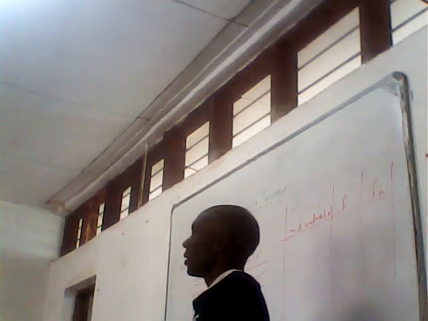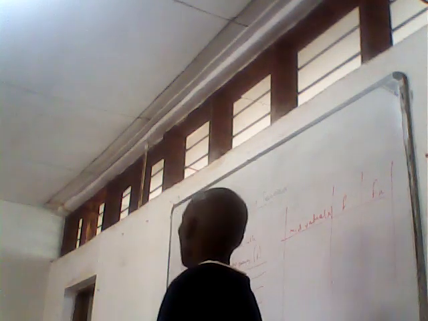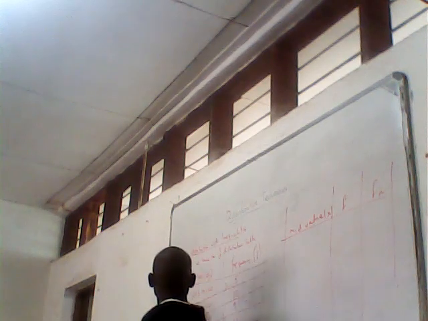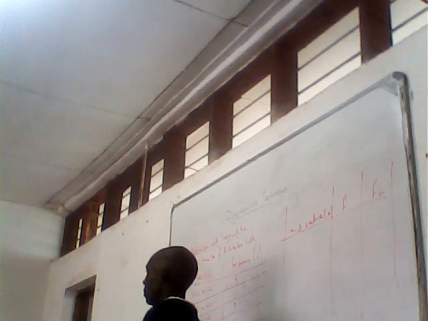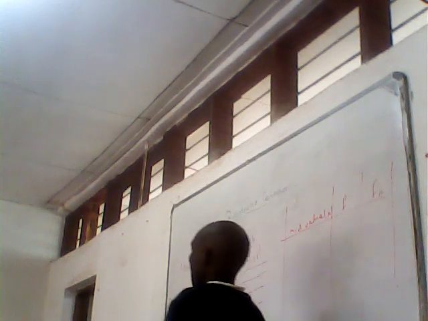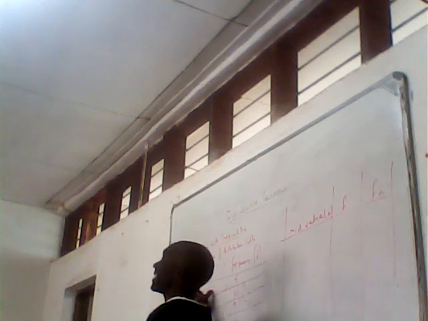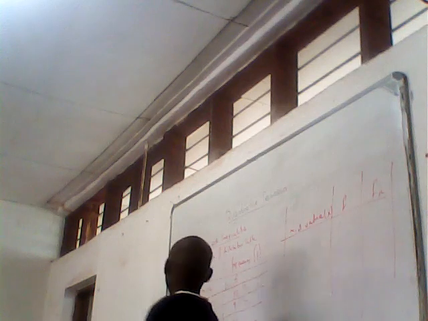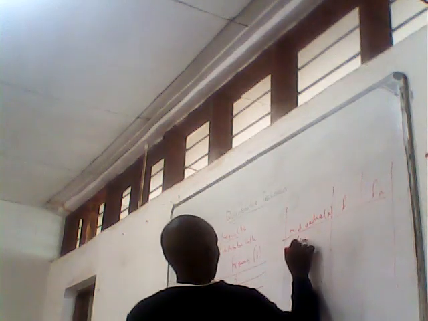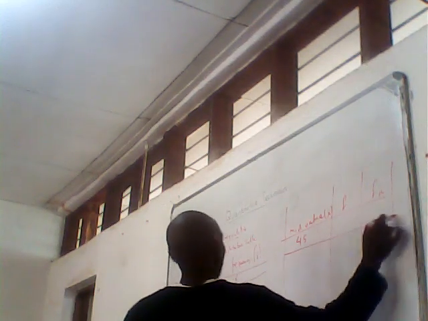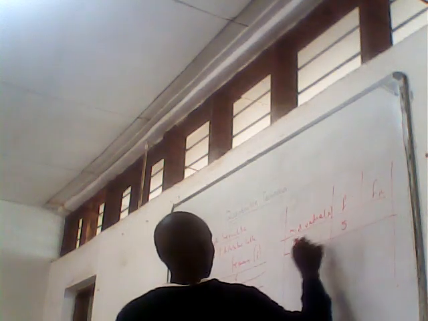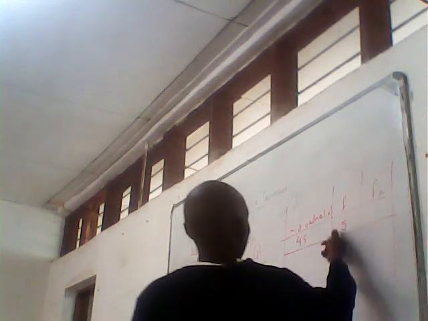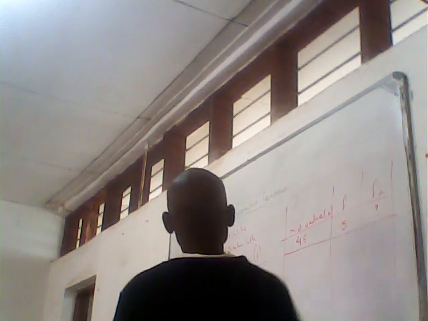That's what we do. The mid value here, you are taking 40 plus 50, which is 90, divided by 2, which is 45, right? The frequency is 5. This times that, you get the answer here.